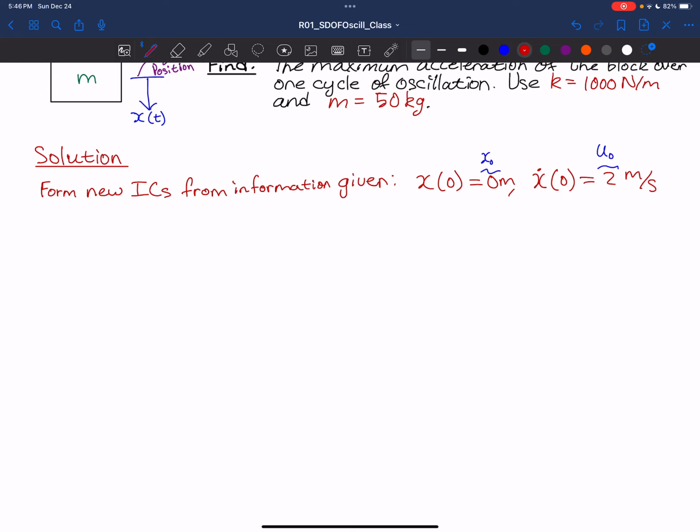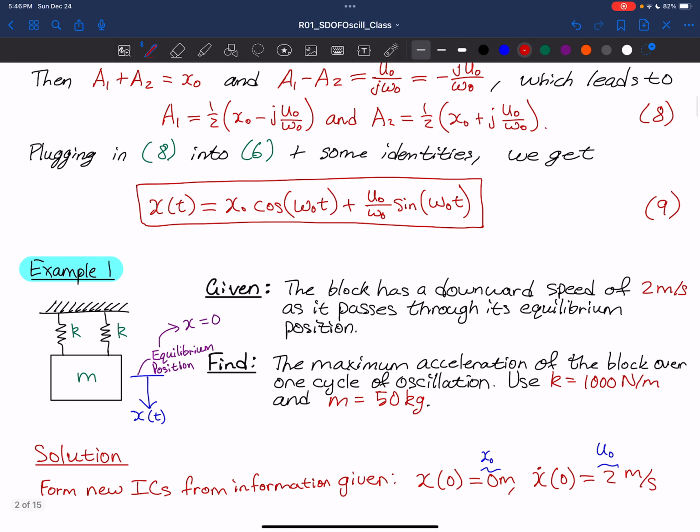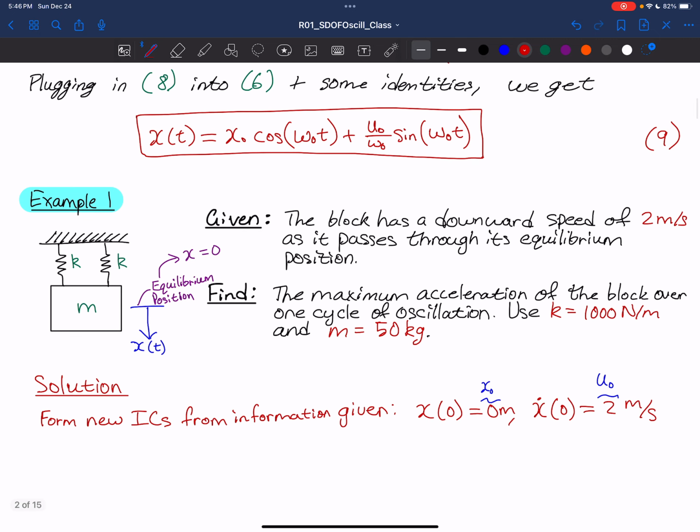Okay, so I'm going to scroll back up here because we're now going to use equation 9. So we just said that our x0 is 0 meters. I'm just going to clean this up a little bit. So that tells us that the first term here, this cosine, is not going to show up because the x0 term is 0.